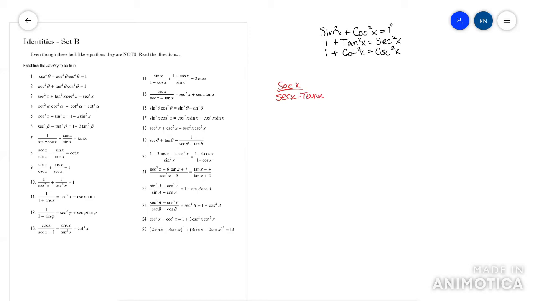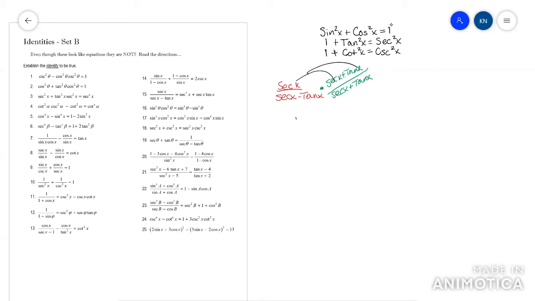All right, the first thing I would do is you kind of got to know this is going to be a conjugate. So I would be multiplying this by secant plus tan. So when you do this, up top, it's going to distribute.